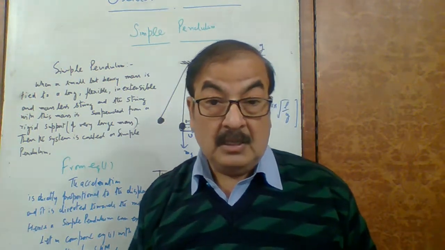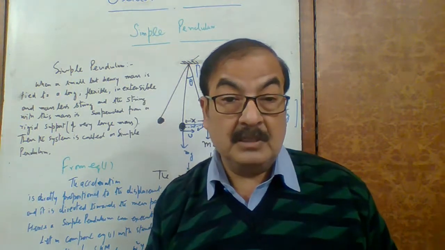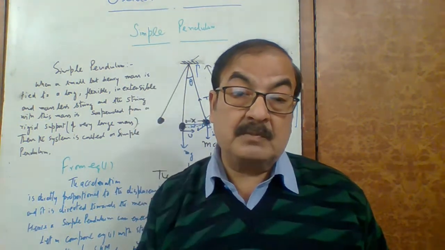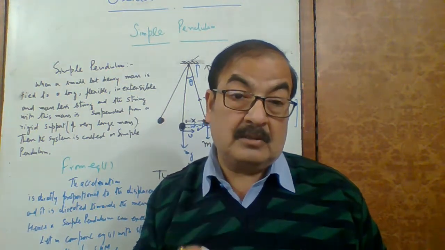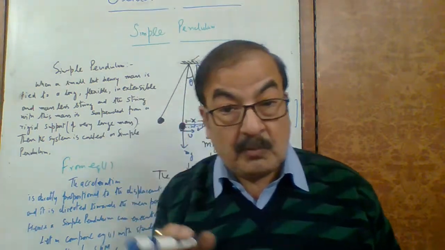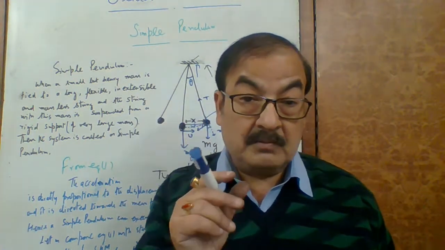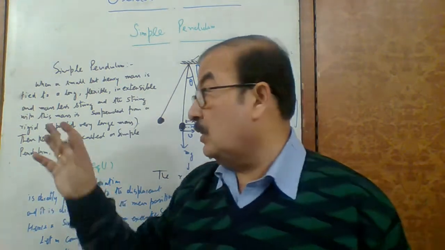The point from where it is suspended is called point of suspension, and the distance between point of suspension to the center of the bob is called effective length, and the small but heavy mass is called bob. That much we have already described.